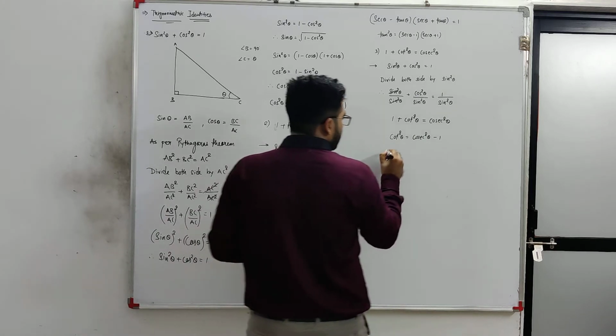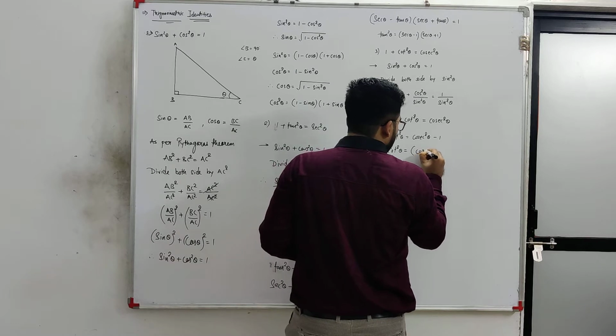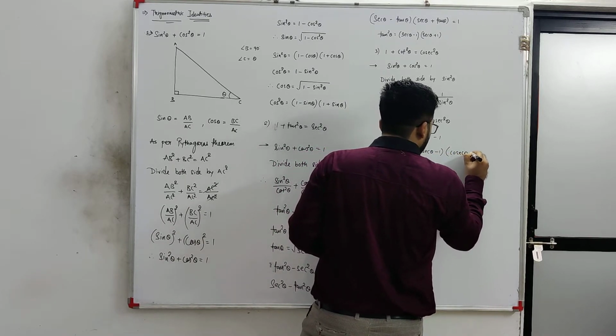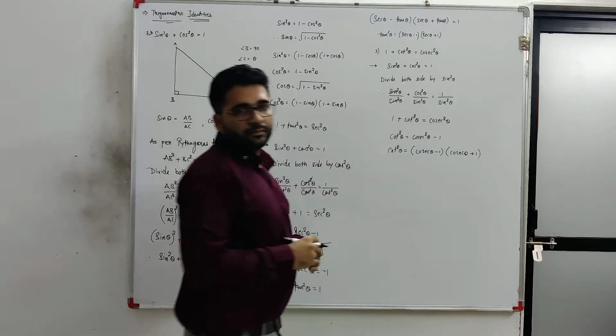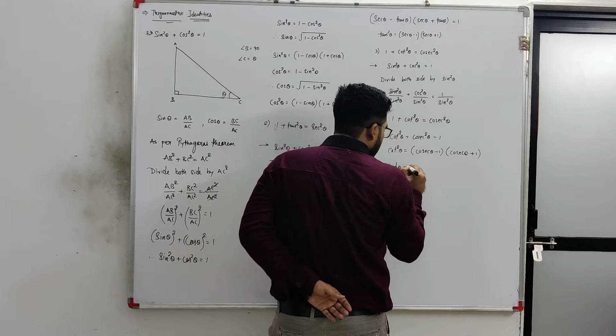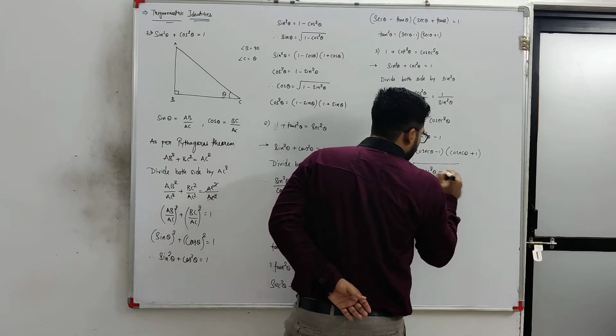So I can write cot square theta is equal to (cosec theta minus 1) times (cosec theta plus 1). Another way I can modify this is cot theta is equal to under root of cosec square theta minus 1.